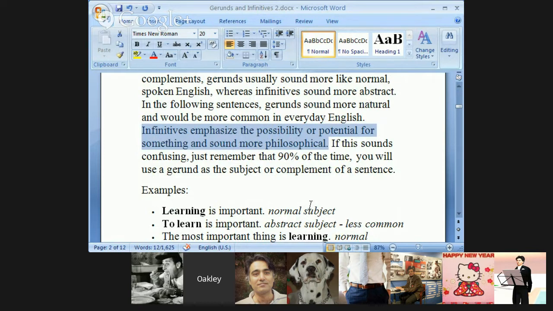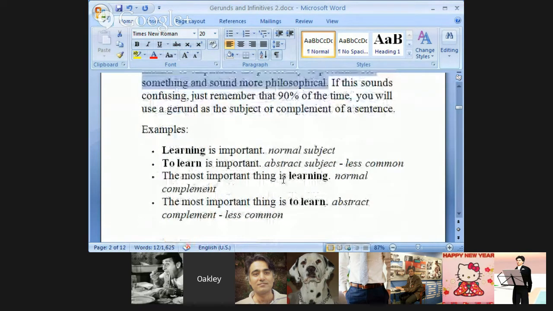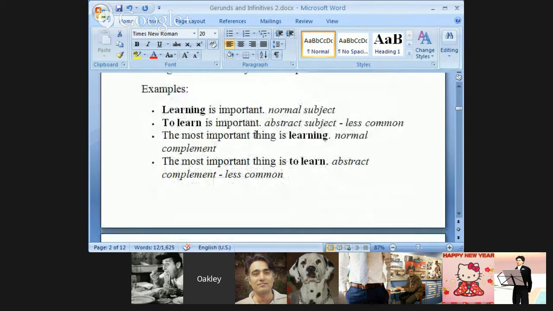In fact, you will often see infinitive subjects discussing philosophy. Okay. All right, well, that's basically it.